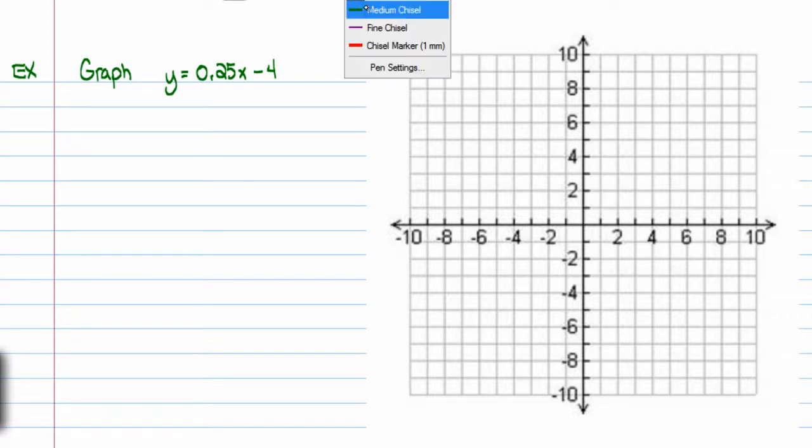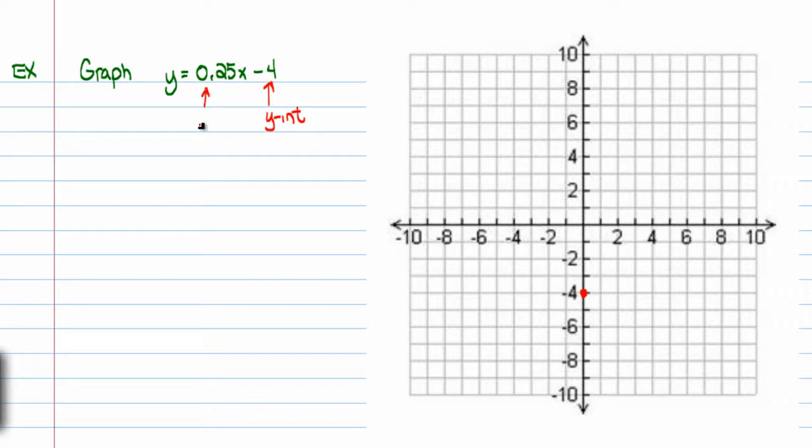So let's go ahead. Actually, I'm going to change colors here so that it's a little more apparent. I know that this is my y-intercept, -4, so I'm just going to go ahead and plot that. It's right here. And this would be my slope. Now, if I don't write it as a fraction, it gets very difficult to do this problem.